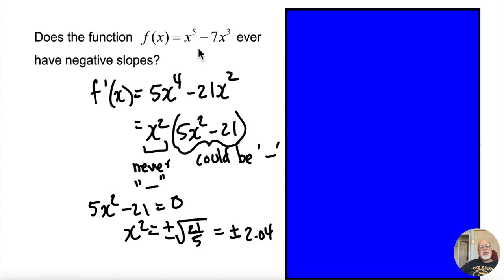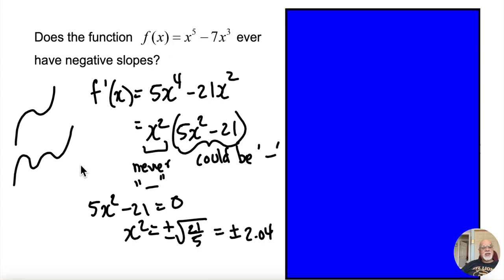Given that this is x to the 5th, this is a quintic function, so all quintics look just like x cubed does, for example. It would have this sort of behavior, but it'll have more bumps in it than this as a result of being x to the 5th. So it would possibly go like this, like that.